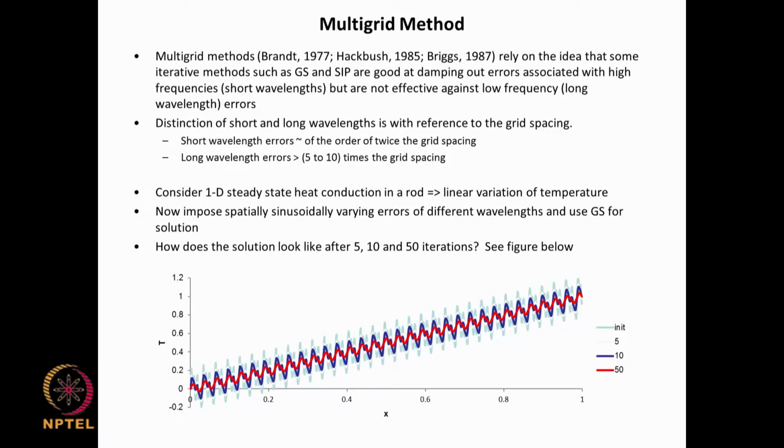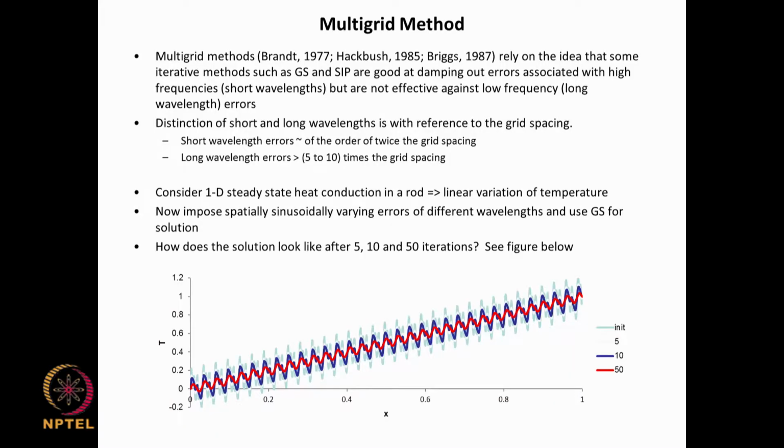The idea of multigrid methods is that in an iterative method we are trying to reduce the residual, and the residual represents the degree of non-satisfaction of the current solution with respect to the original governing equation Ax equal to b, and this non-satisfaction is there because there is some error in the solution.